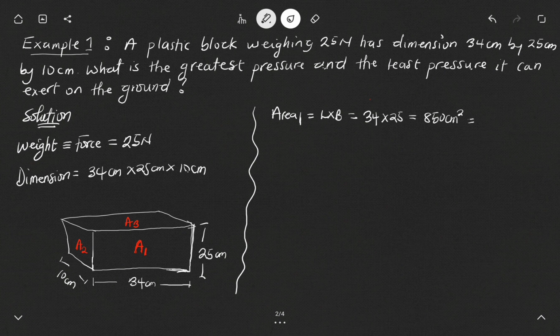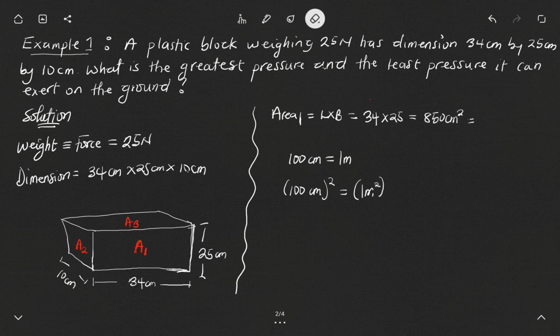So let's look at that. We know that 100 centimeters is equal to 1 meter. So if we want to have meters squared as our answer, we will have to square 100 centimeters. We square this side, then we square 1 meter as well. Sorry, the square is supposed to be outside. We square that as well.